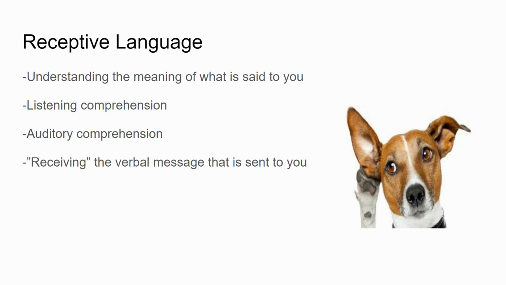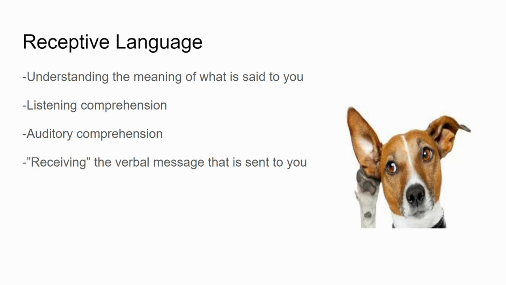Okay, receptive language, that is understanding. If you just want to boil it down and remember one thing, remember receptive language is understanding. It's understanding what is said to you. You understand the meaning. We also call it listening comprehension, auditory comprehension, and you're basically receiving the verbal message that is sent to you.